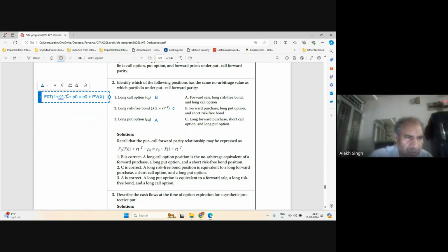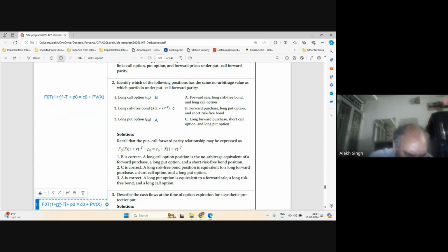Let me copy this and paste it here, and this one will be gone at T. So at T we have this equation.